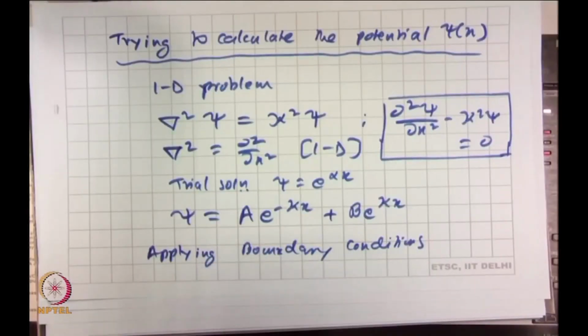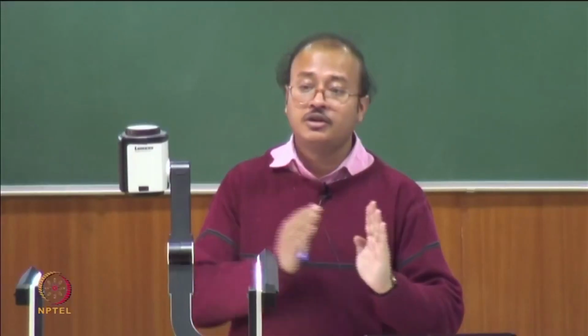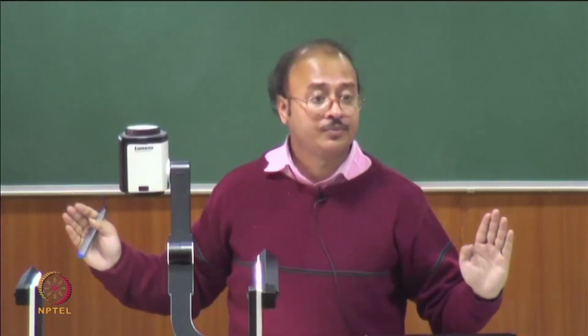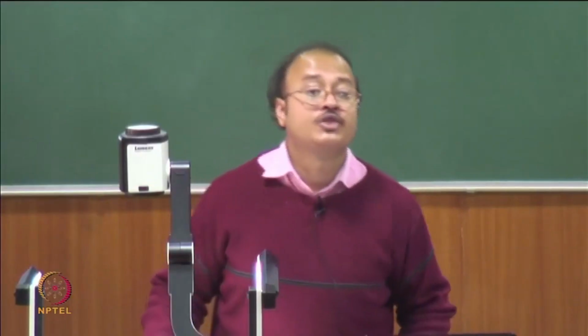You can understand one thing, x can be infinity and the other one is x can be 0. X 0 means you are close to the plane, just right on the plane. X is equal to infinity means you are at infinite distance from the plane. At x equal to infinity, what will happen to psi of x?